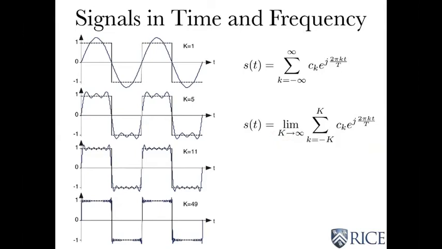If you only go out to the k equals 1 term, which is the first harmonic, you get the sine wave like you should. It kind of looks like a square wave, but it's certainly not equal to it. As k gets big, I went out to the 49th term here, you see it's becoming closer and closer to the square wave. Really very interesting. You should plot this for yourself sometime. It's really quite exciting how it works.